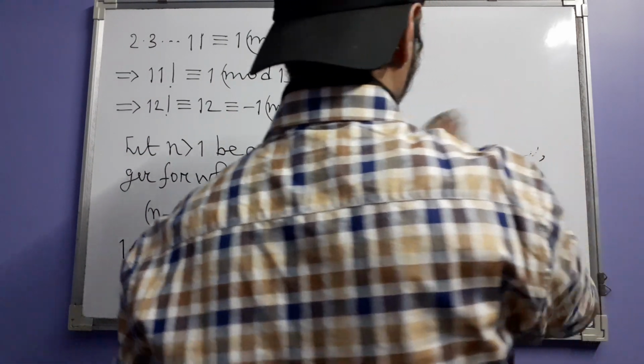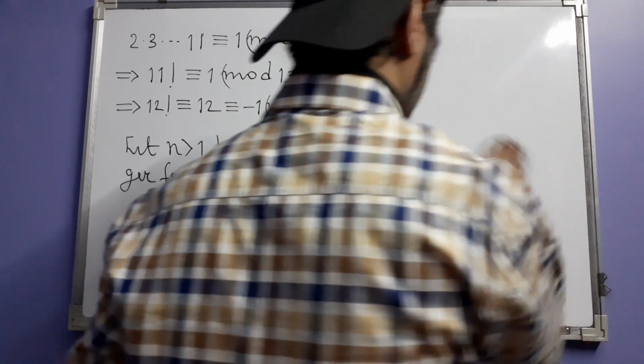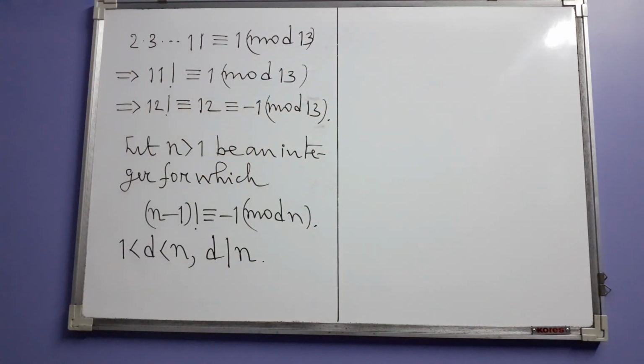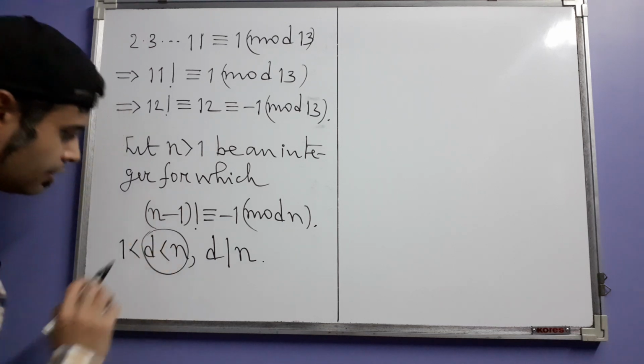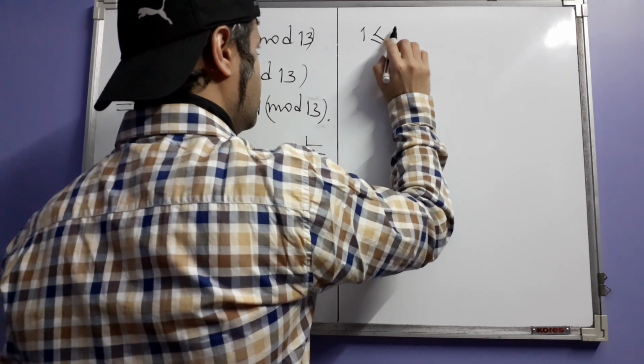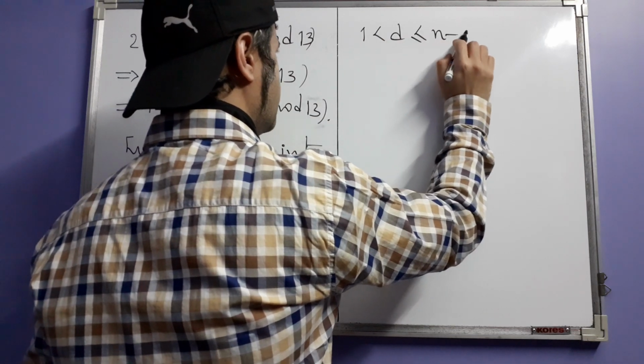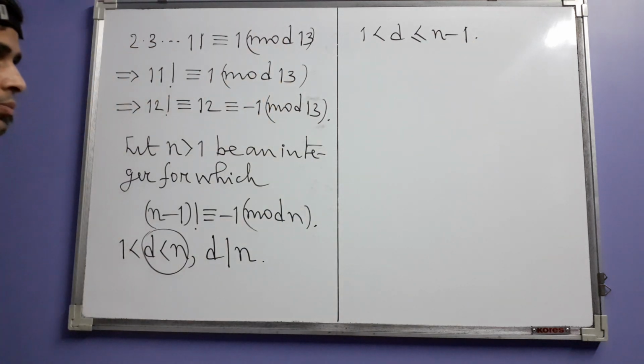But now something will go wrong. You see, because d is less than n, that means d is less than or equal to n minus 1, right?